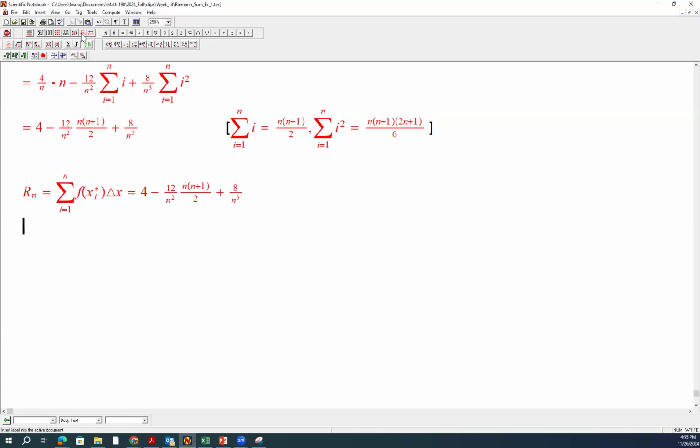And of course, the next step, we're going to find the limit as n approaches infinity. So we're going to take this limit. We're basically going to work on this limit for this piece.